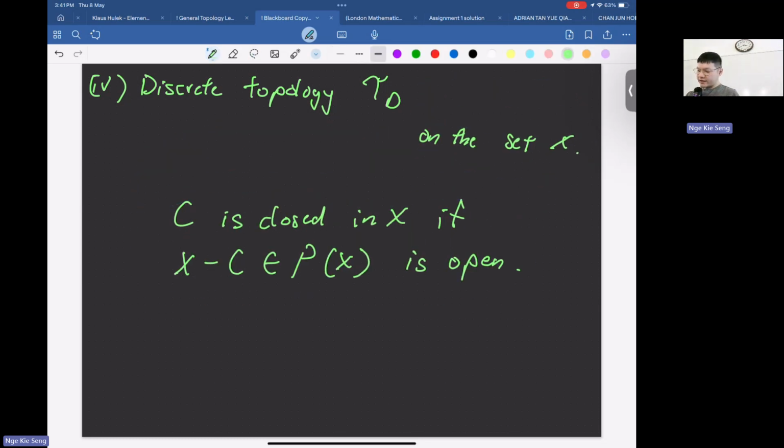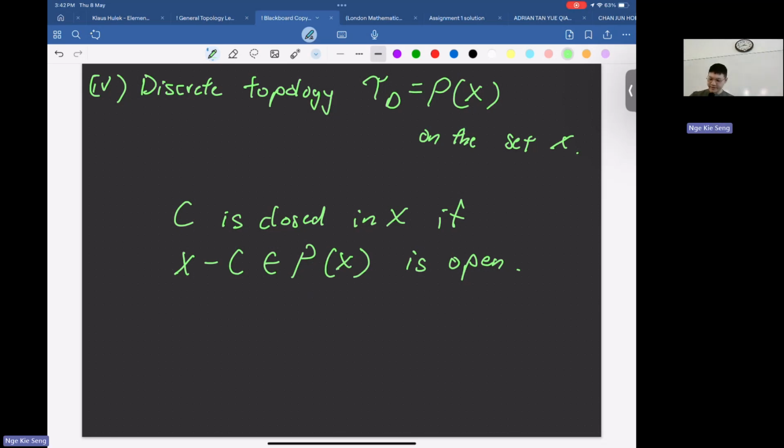What's your basis? The basis is the singletons, so the whole topology is just your power set. If you take any subset of X, X minus that subset is still a subset of X, so it always lives inside the power set P(X). So in the discrete topology, every subset of X is closed. Actually, they are at the same time closed and open.